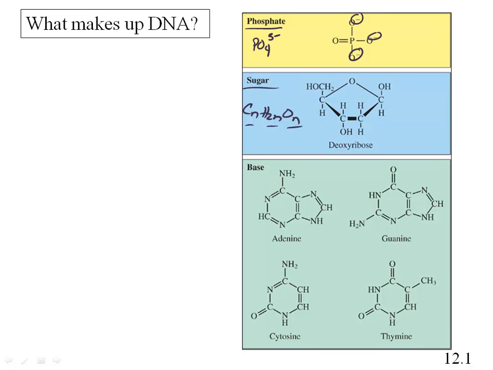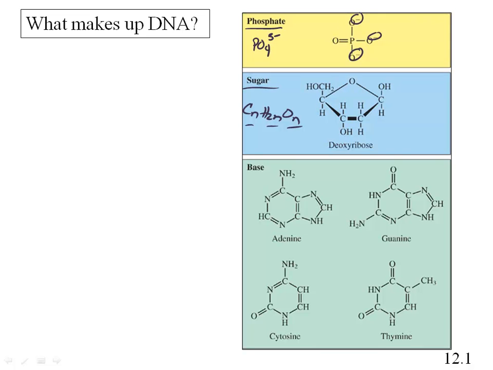And here's the question. If you remember from chapter 11, is this a monosaccharide or a disaccharide? You should say monosaccharide. Remember that a disaccharide is two of these ring structures connected together.